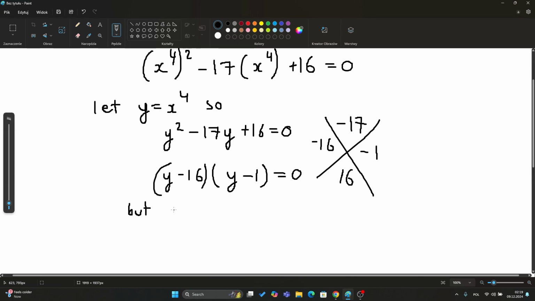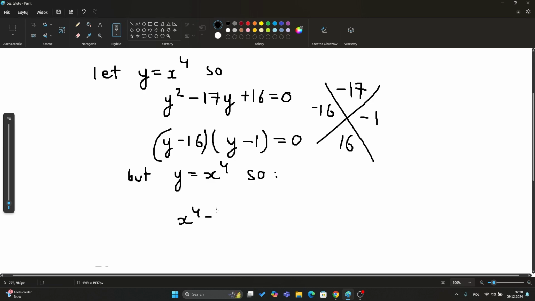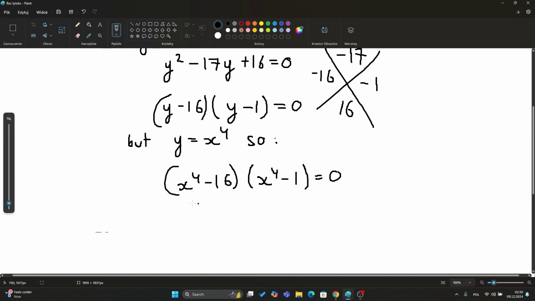But y is equal to x power 4, so x power 4 minus 16 and x power 4 minus 1. Now we make both of those equal to 0. We have x power 4 is equal to 16 and x power 4 is equal to 1.